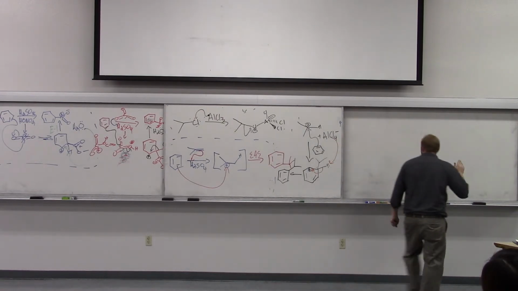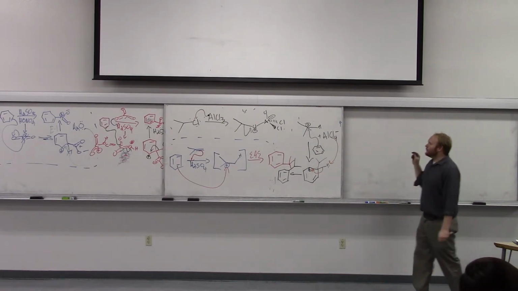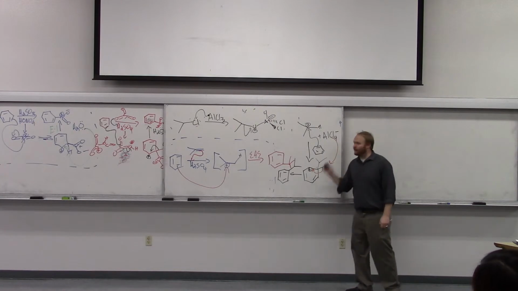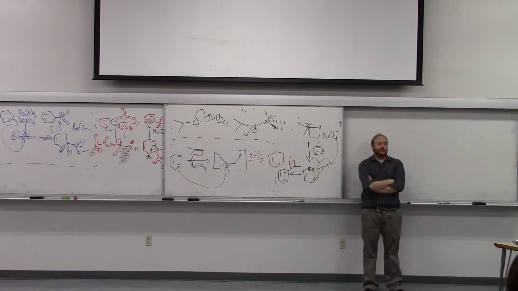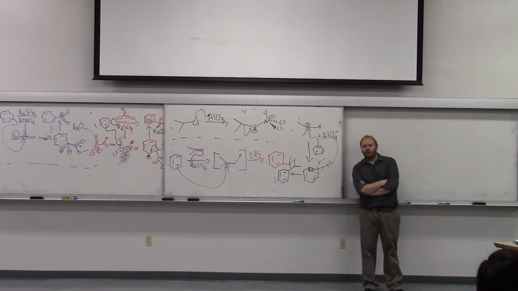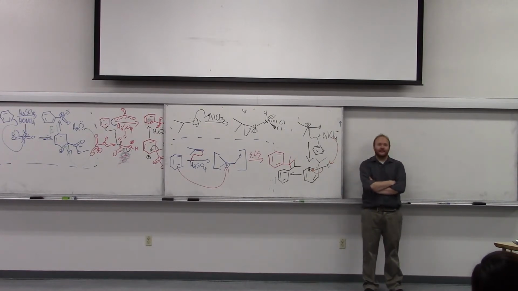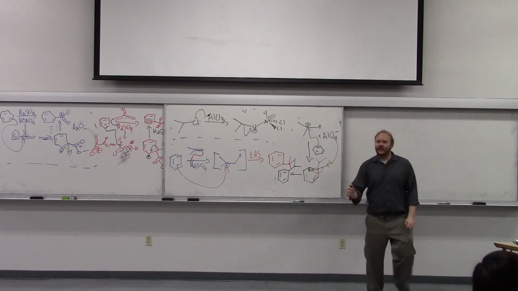So, the Friedel-Crafts alkylation is very nice, and it works great. But there's one issue. What do you worry about when you're dealing with carbocations? That you guys talked about, I know, in 232. Rearrangements, exactly.